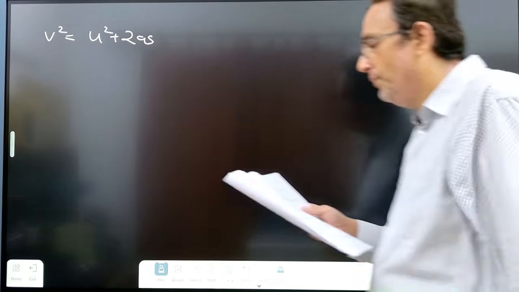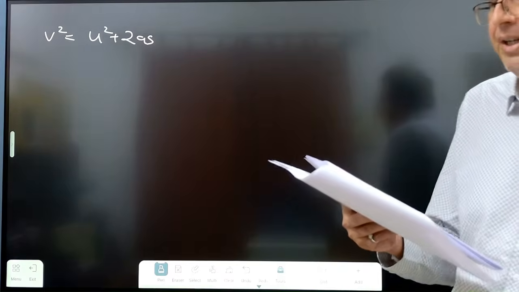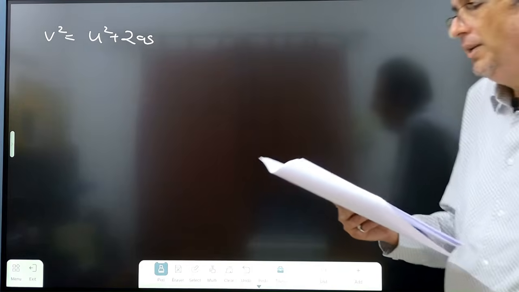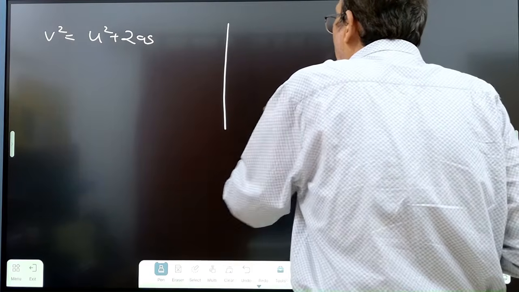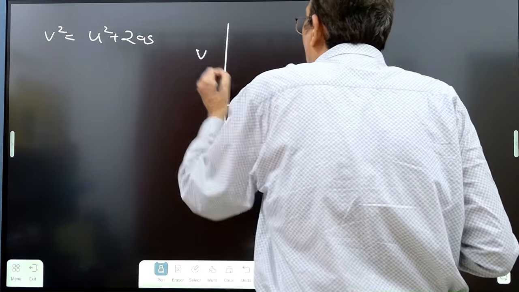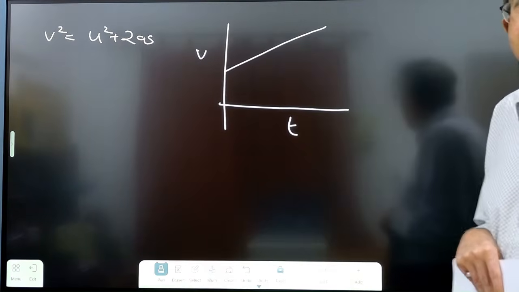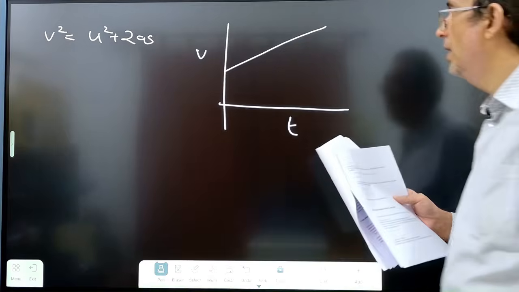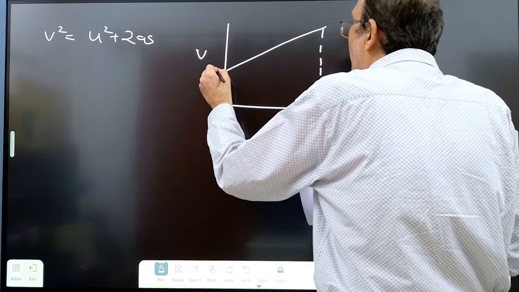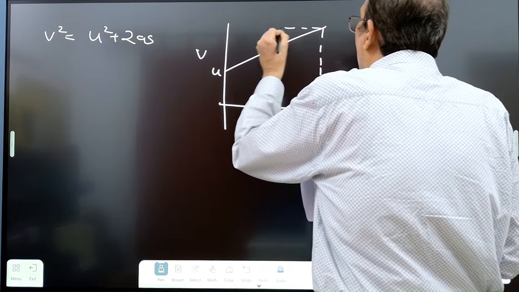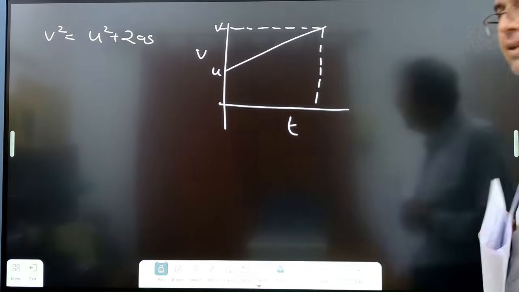Okay, so now again, as displacement is the area under the velocity time graph, you have a velocity time graph here and you have a uniform acceleration graph. So the area under this graph is the area of this trapezium.